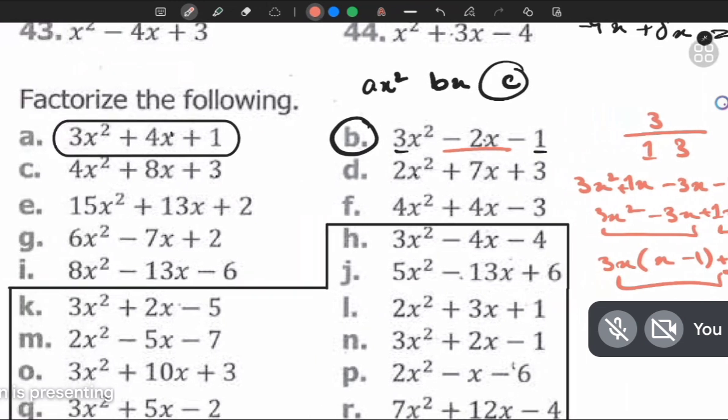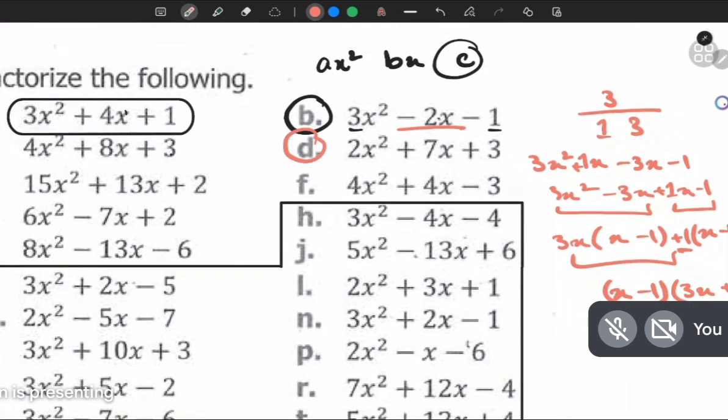Now I want you to try D and walk me through every step that you'll do.